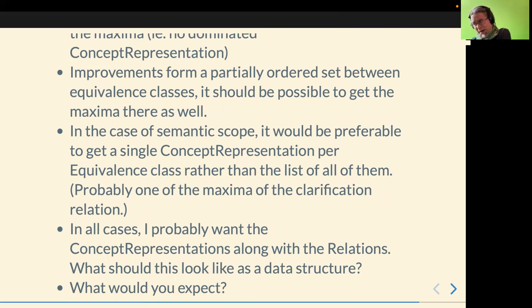So this is where I really need help in saying, what would you expect to get on the wire given that this is the data structure? I'm still struggling with it, though I think saying I want the list of these concept representations and the relations, defined as I defined it and with the restrictions I'm giving, is probably good enough.